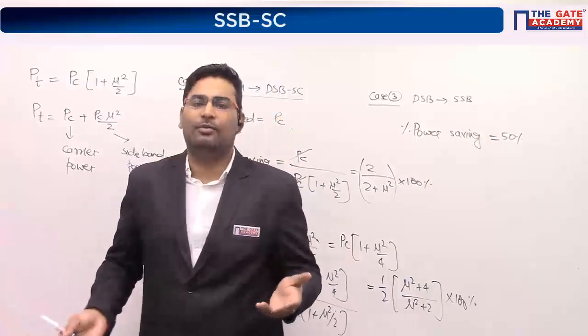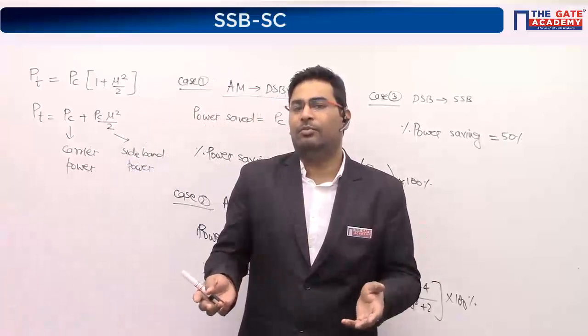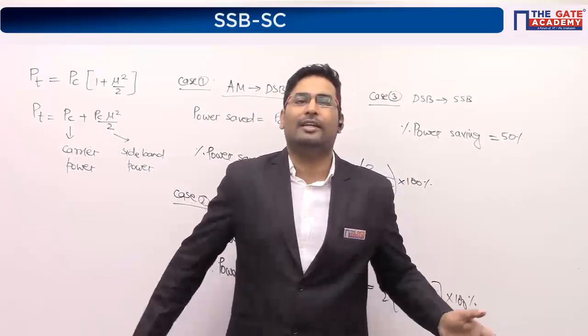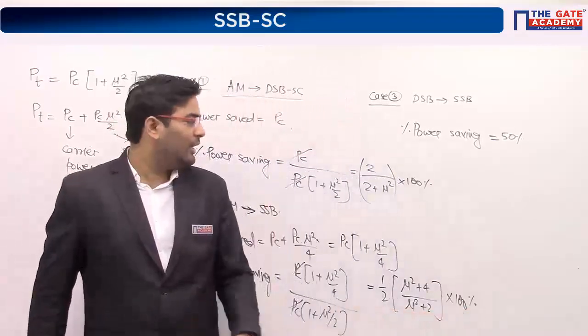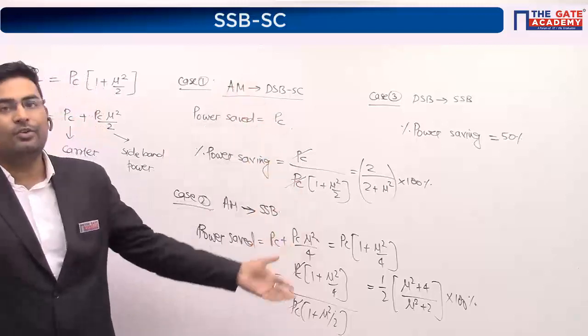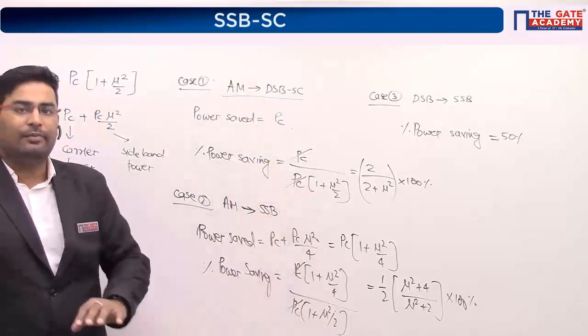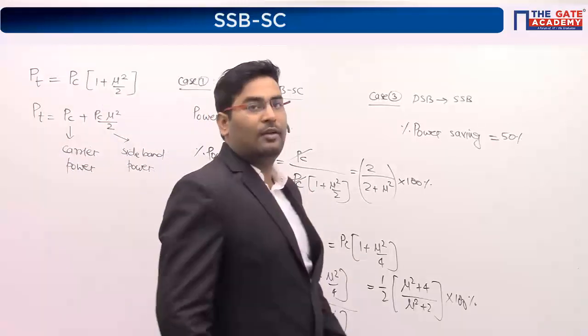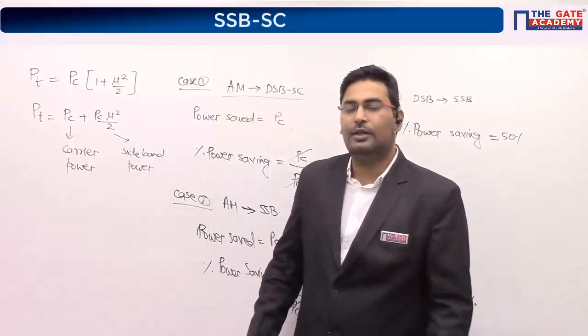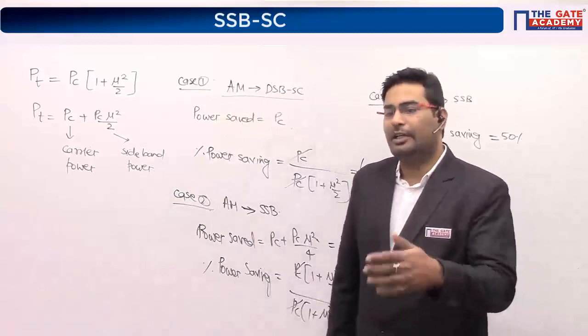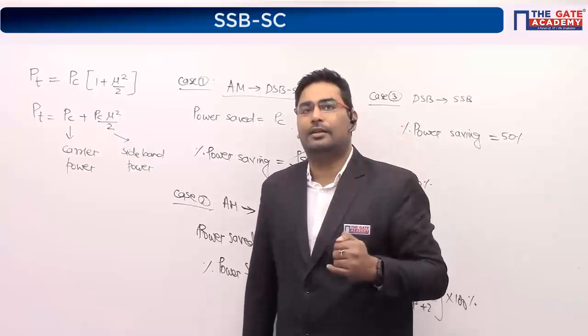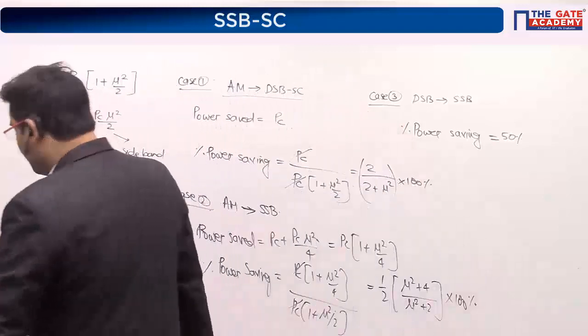You know the total formula, PC (1 plus mu square by 2), and you don't need to remember anything. Why have I done it? So that I can make you feel that you can do this on your own at any point of time. You should understand the beautiful concept of how AM gets into DSB, and DSB gets into SSB. I hope you agree.